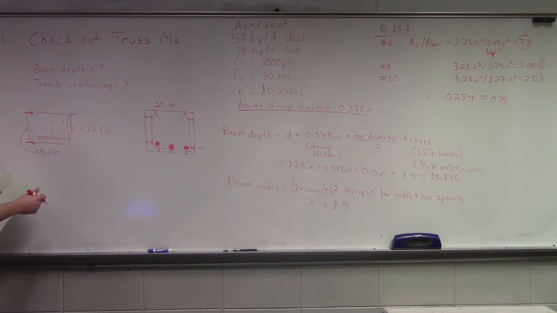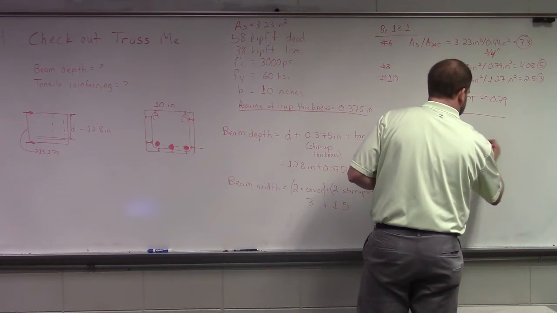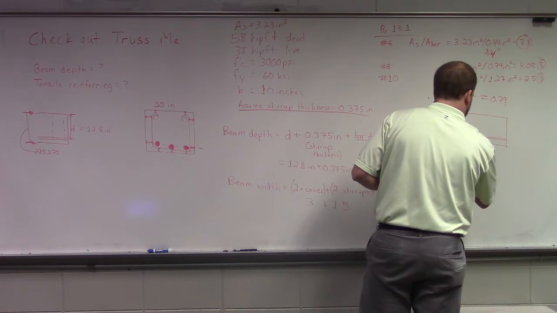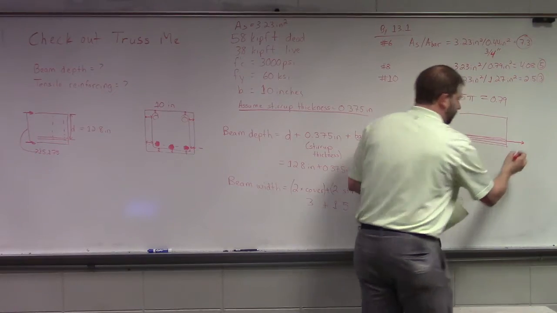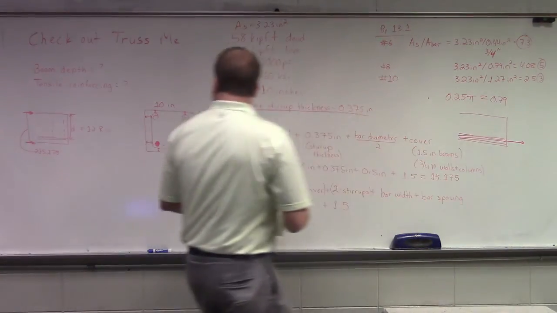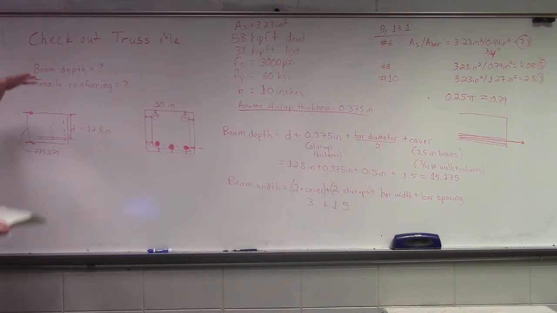If we're looking at it in cross section, our tensile force is going to move. That D minus A over 2 is going to move, and so it's going to result in needing a deeper beam.